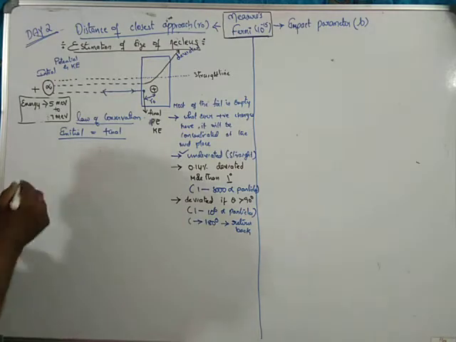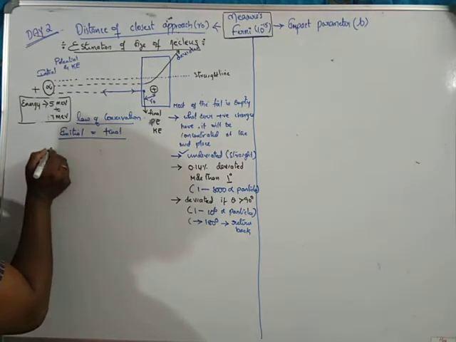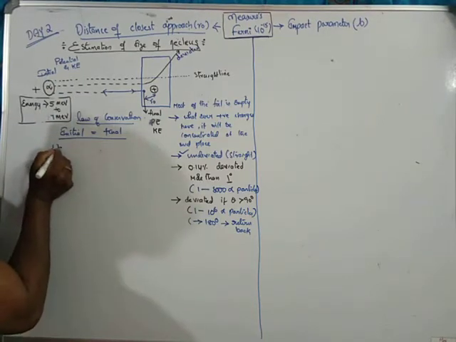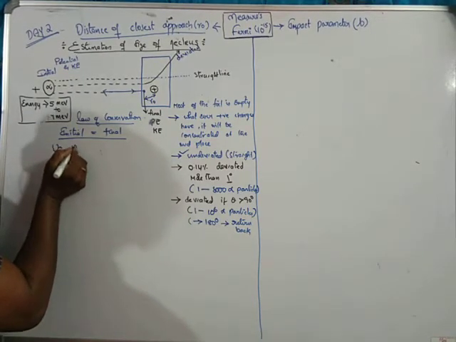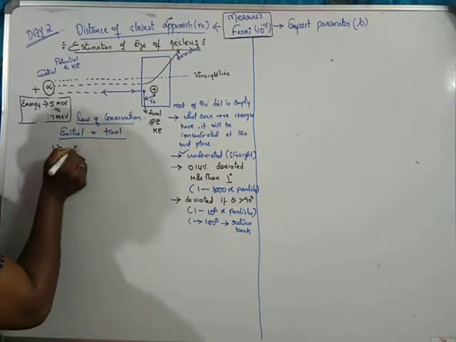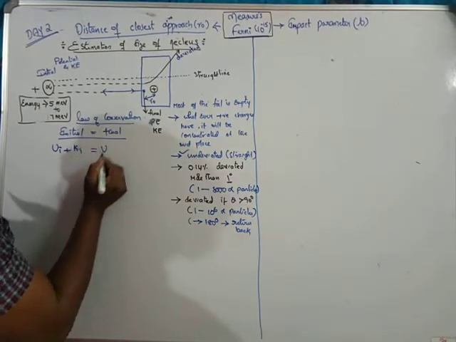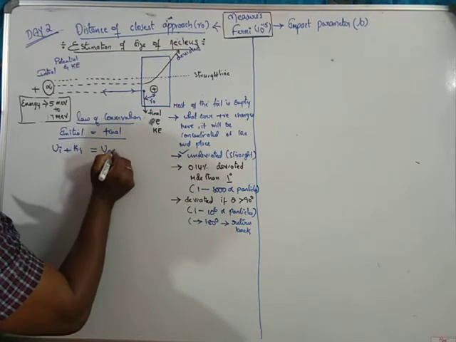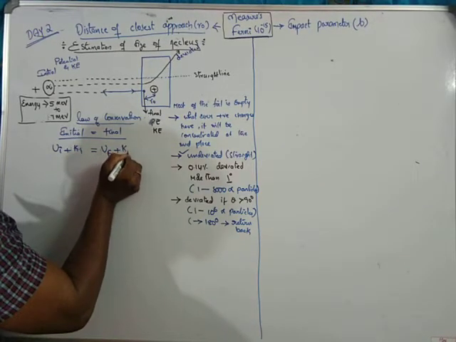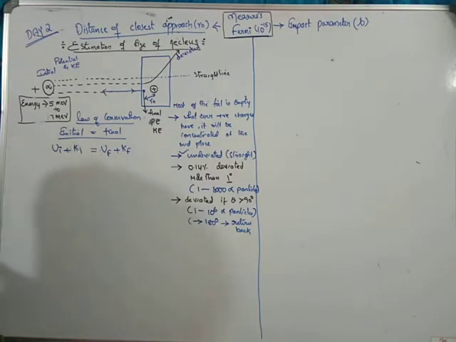Now we will define the initial position. That's initial potential energy plus initial kinetic energy is equal to final potential energy plus final kinetic energy. To define this, we have to know the distances first.